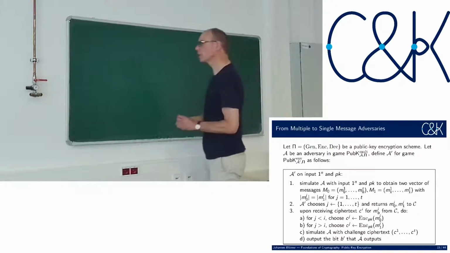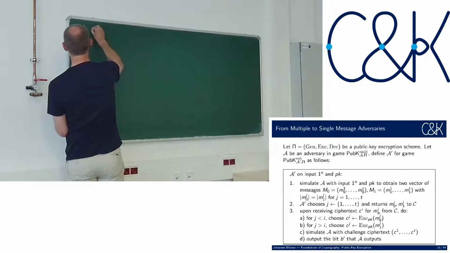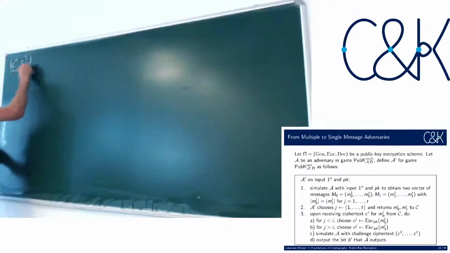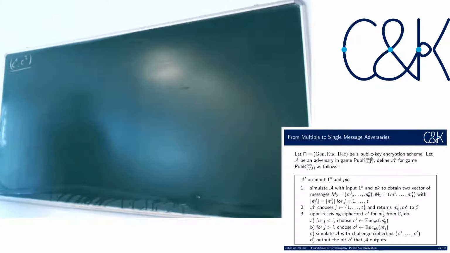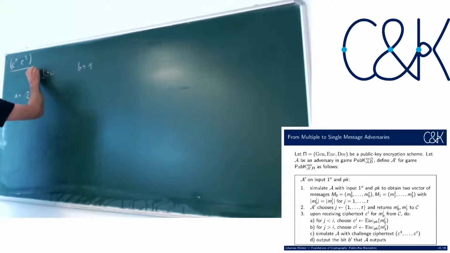So let's make a little table. Let's say i is 2, i is 1, b is 0, b is 1.